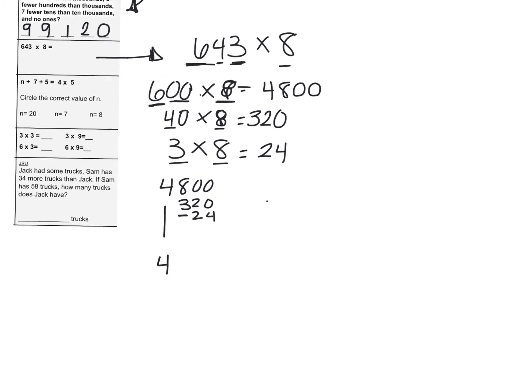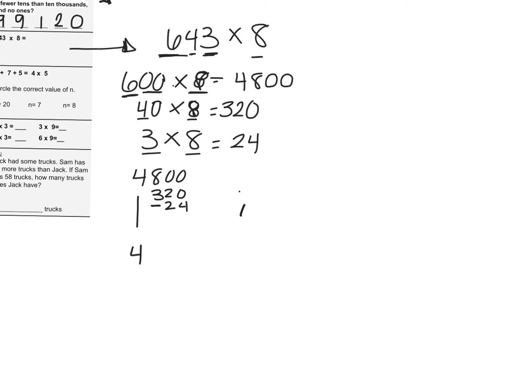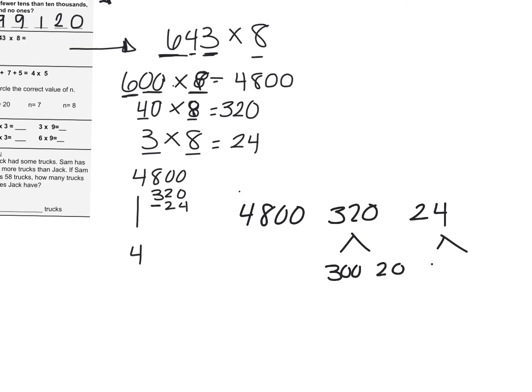So I might take a different strategy where I look at it horizontally for a second. And I might even break this up into 320 and this into 20 and 4 and this into 4,800. Now I can put like numbers together.